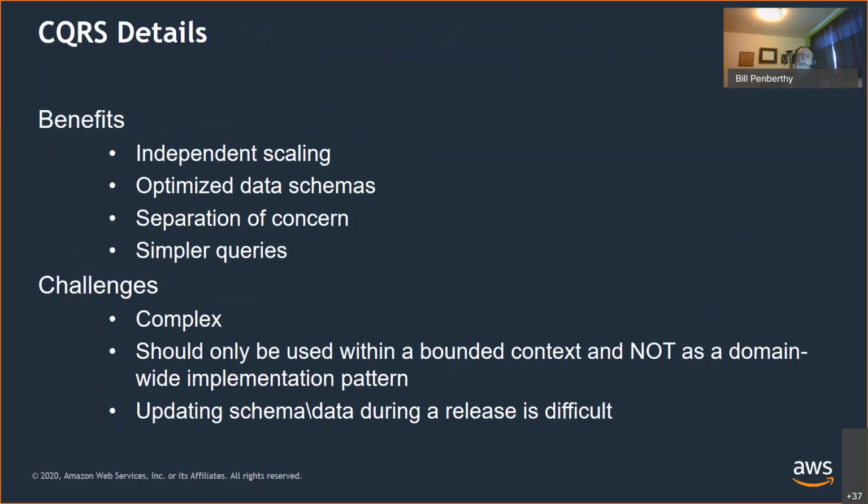So there are some benefits to using CQRS. These benefits include independent scaling, optimized data schema, separation of concern, and simpler queries. By separating these two, you allow them to be managed differently. You can scale each differently or use different schemas, such as more normalized data for reads.